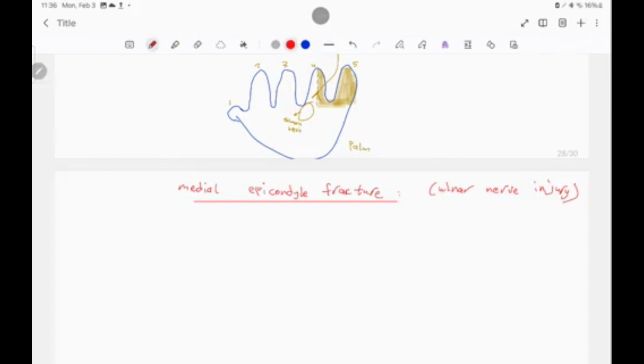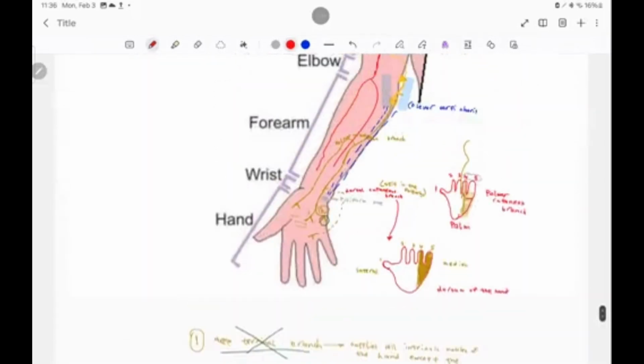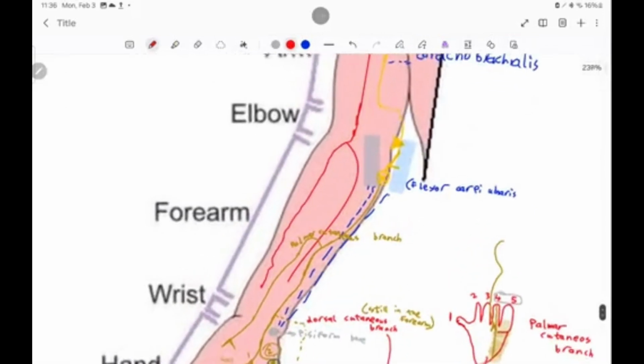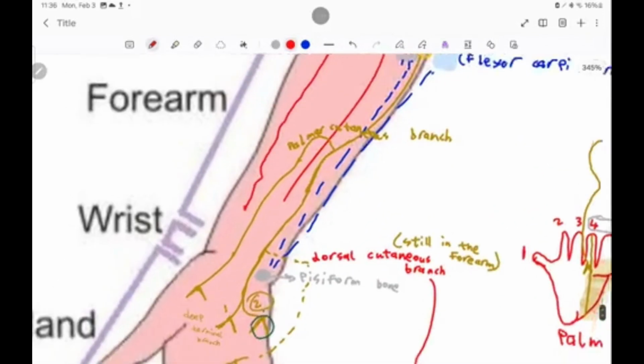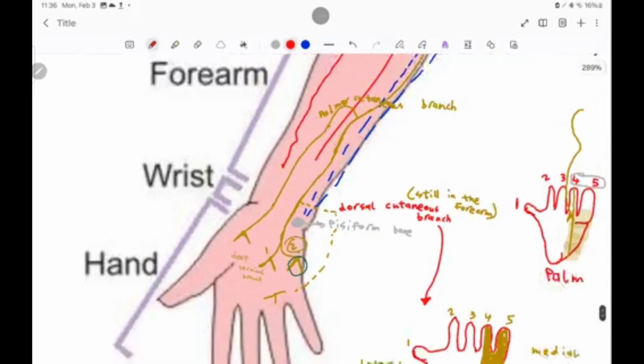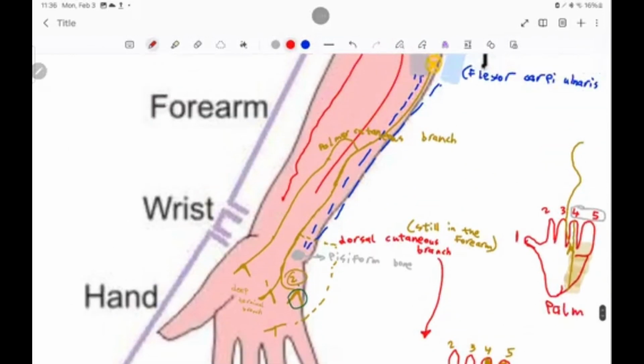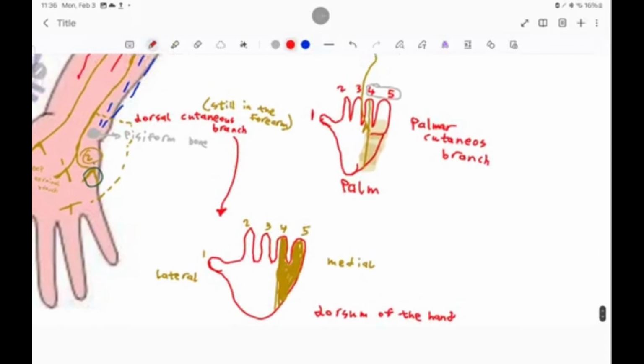Okay. First of all, the patient will lose the palmar cutaneous innervation. يعني he will lose what?